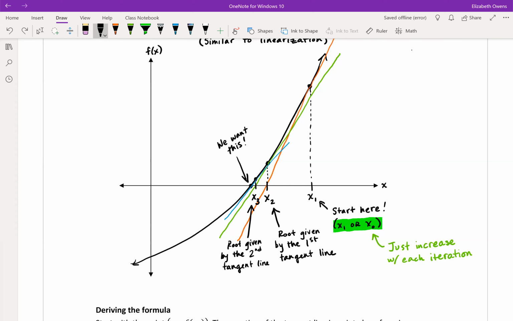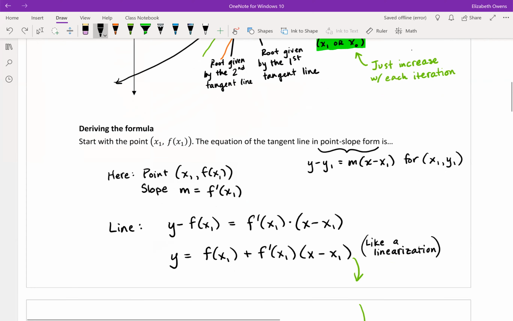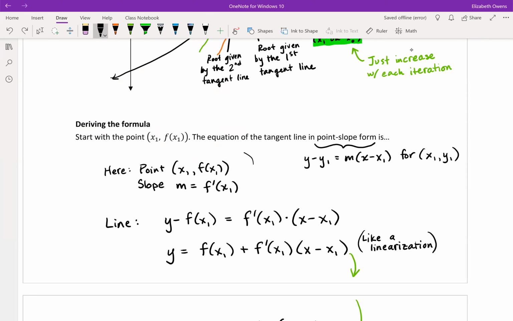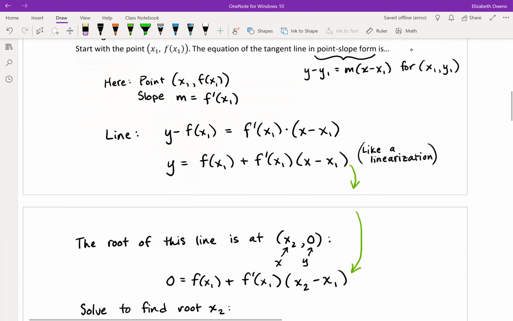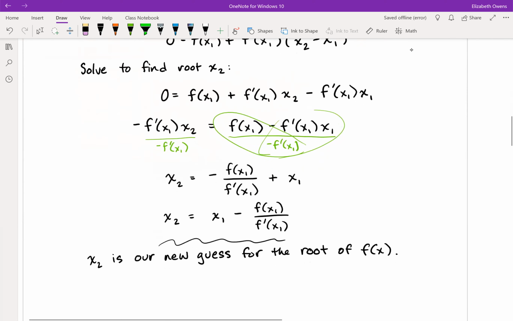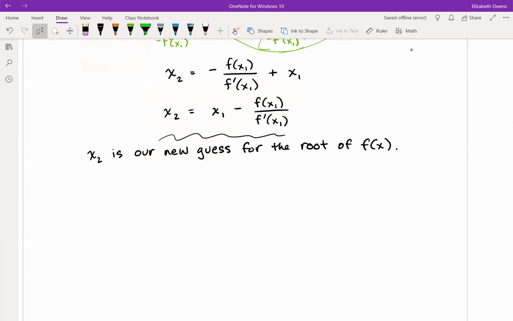But you would do the exact same process all over again. You would say, okay, the point now is x2 comma f of x2. The slope is m equals f prime of x2. You do the exact same operations, so we won't do it again. We'll save some time here. But we're just going to keep repeating the process.